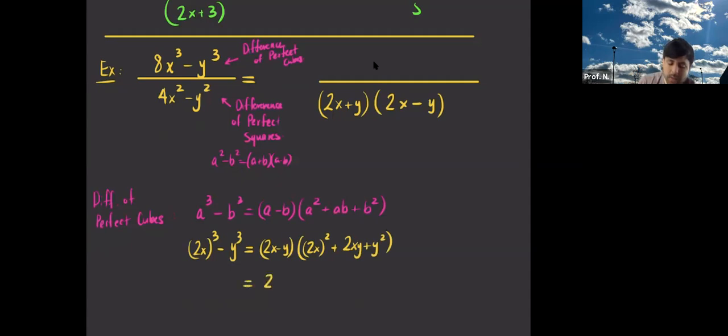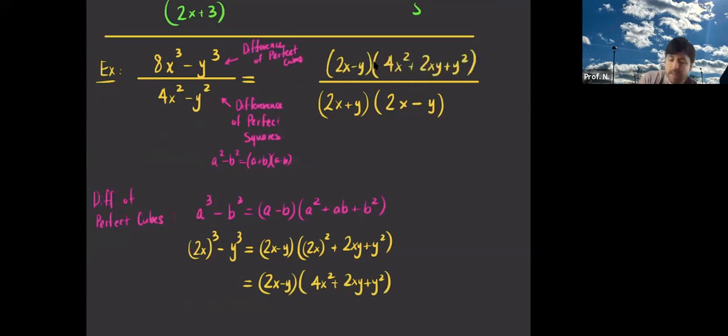So really I get 2x minus y times 4x squared plus 2xy plus y squared. Now, what's the thing that's the same? The 2x minus y's. Those cancel immediately.